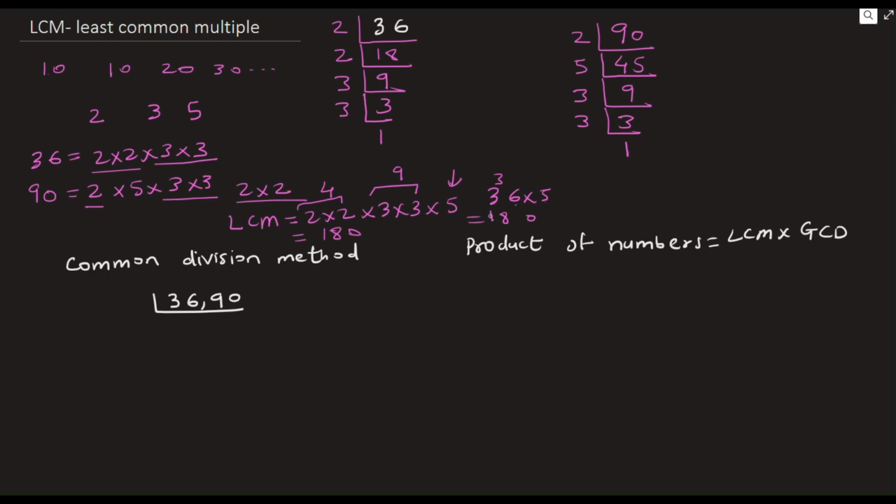Now this is one way of finding the LCM. The other way is I just write down the multiples of 36 and 90. I multiply 36 and 90 with the natural numbers.